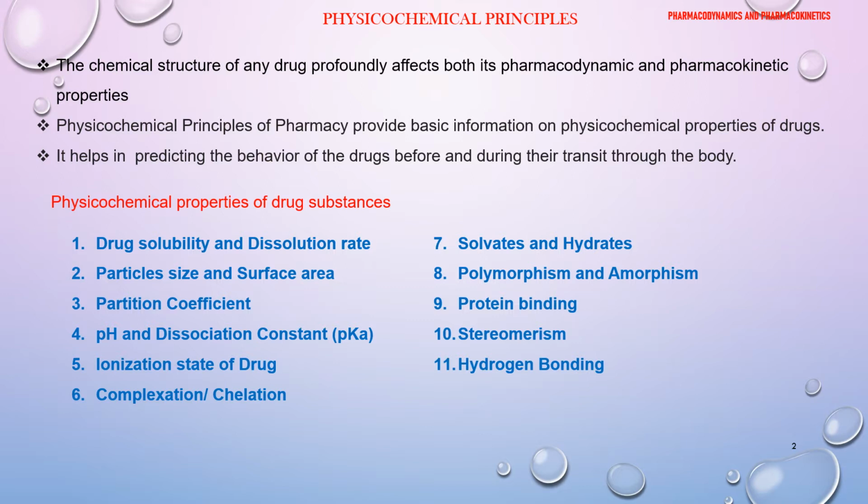The various physicochemical properties of the drugs are its solubility and dissolution rate, particle size and effective surface area, partition coefficient, dissociation constant, pH, ionization state of the drug, chelation, solvates and hydrates of drug, polymorphism and amorphism, protein binding, stereoisomerism, and hydrogen bonding interactions.